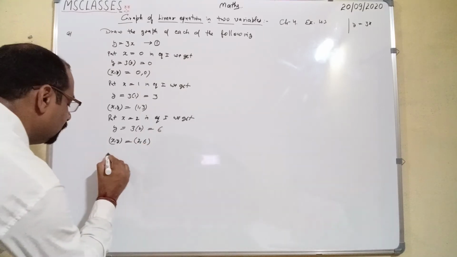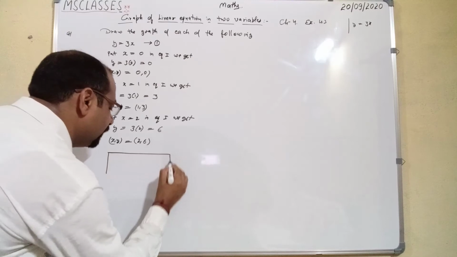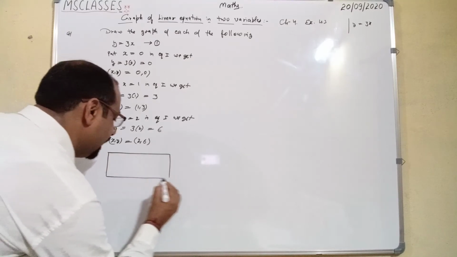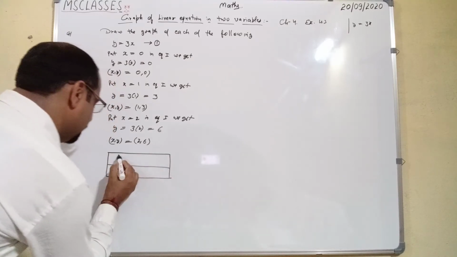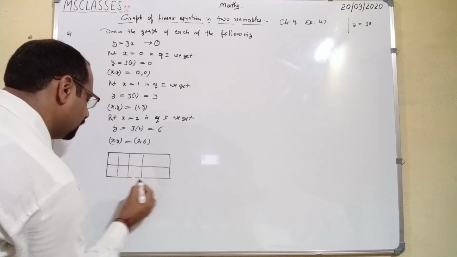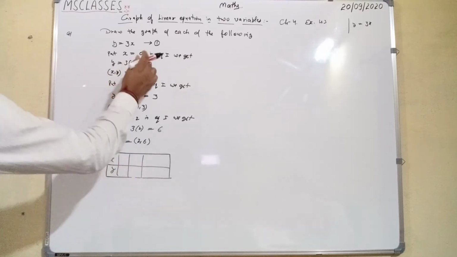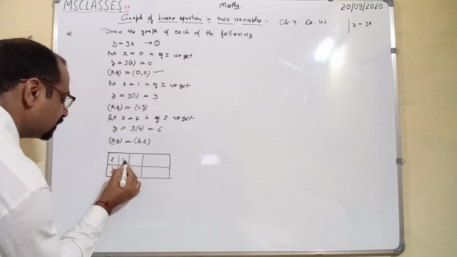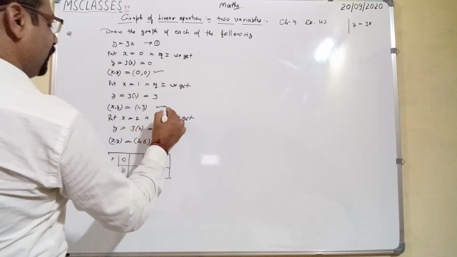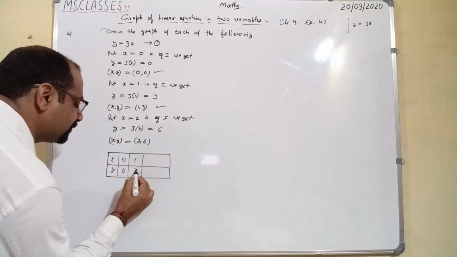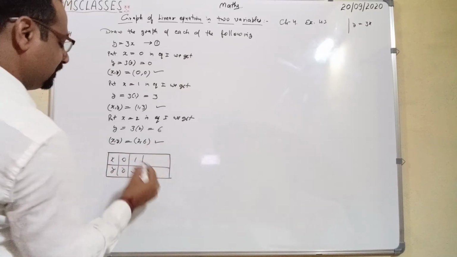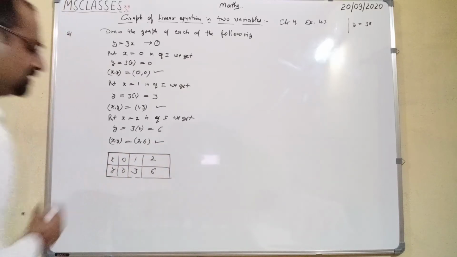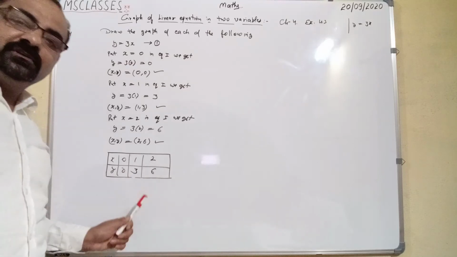So now you make a table of your coordinates with values of x and y. In first, the value of x and y is 0, 0. Second, the value of x and y is 1, 3. In third, the value of x and y is 2, 6. Right. This is the solution of your equation.